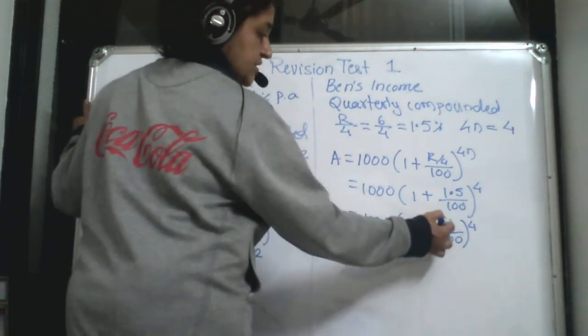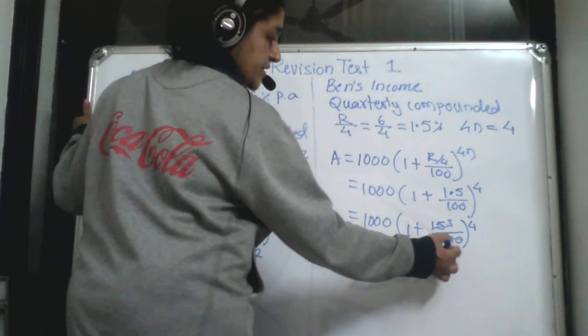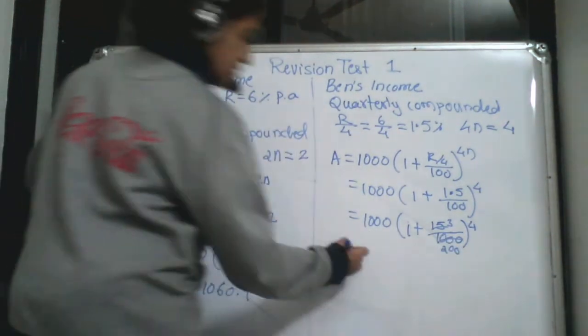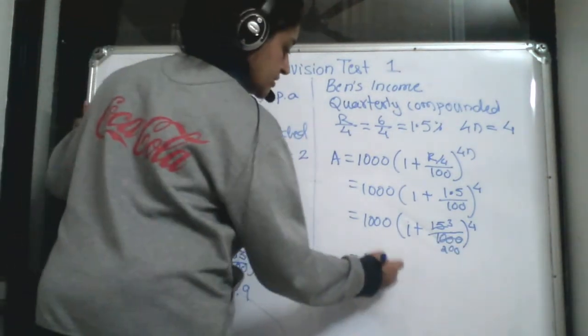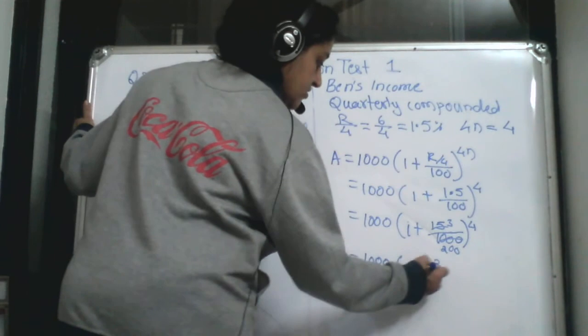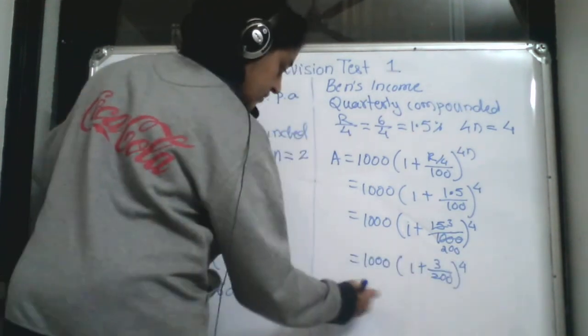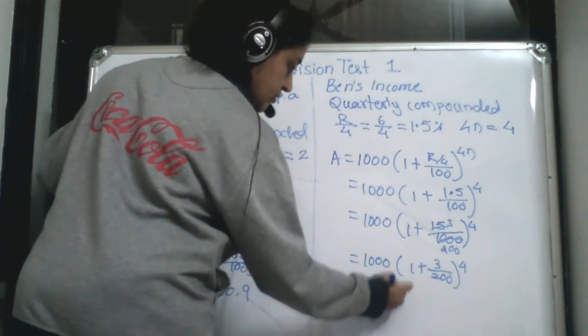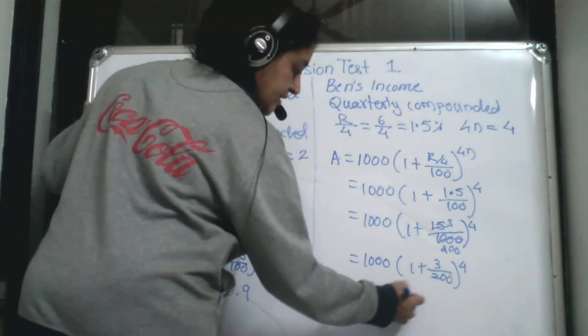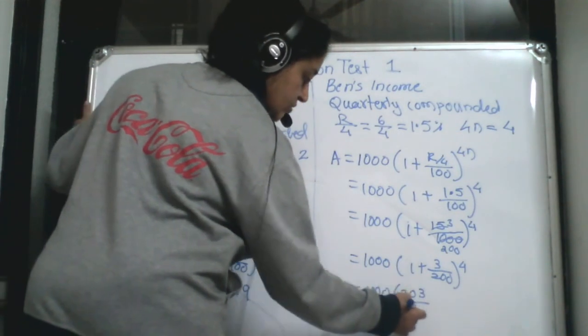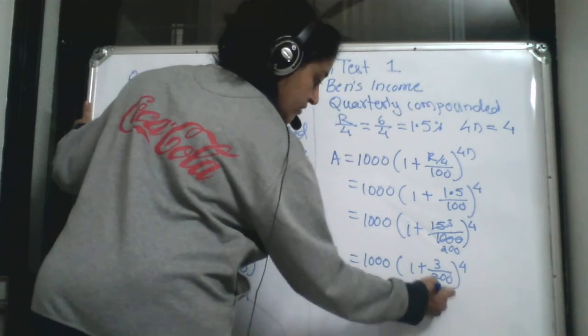Now 5 3s is 15, 5 200s is 1000. So you will get 1000 into bracket 1 plus 3 upon 200 to the power 4. Here 1000 into, now when you solve this you will get 203 upon 200 to the power 4.